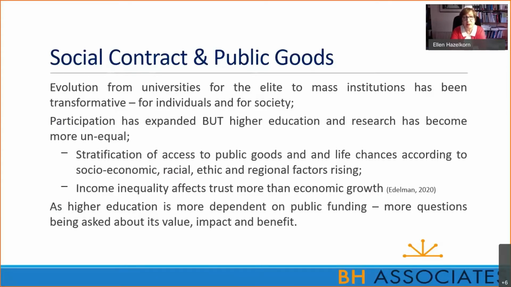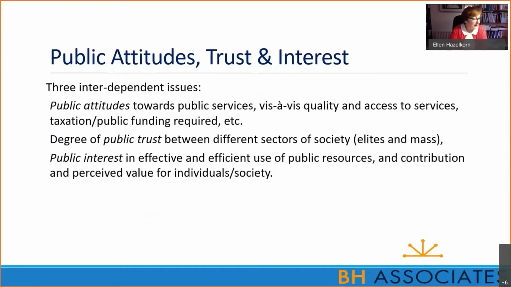So at the time in which higher education is more and more dependent on public funding, more questions are being asked about its value, its impact, and indeed its benefit. So, moving on. There are what I refer to as three interrelated issues around this issue of public trust and so on.